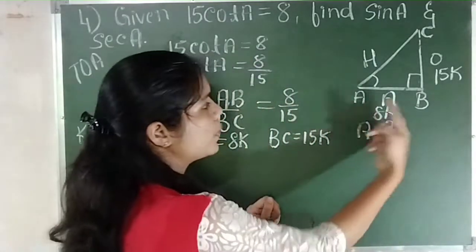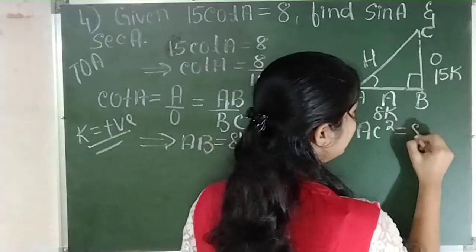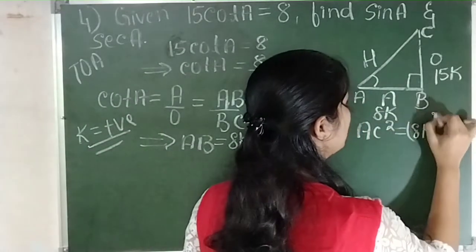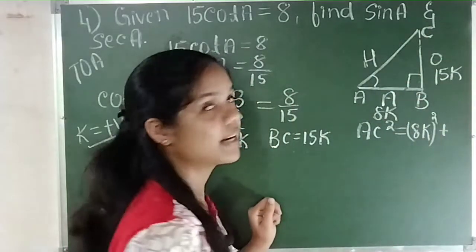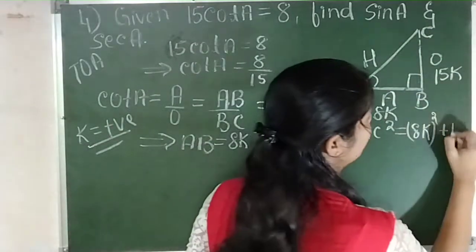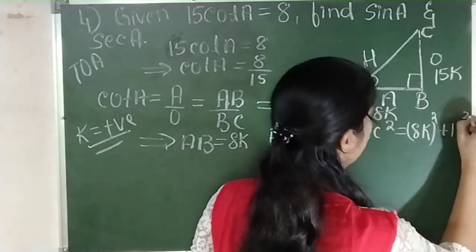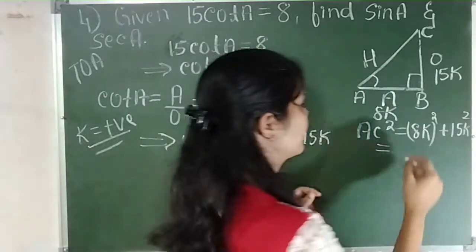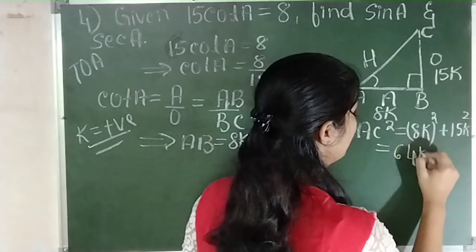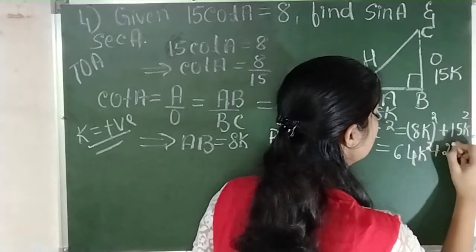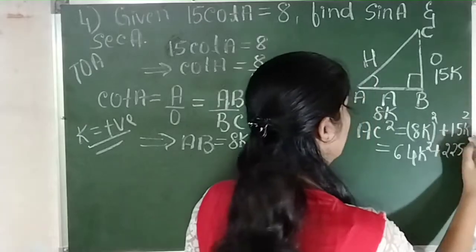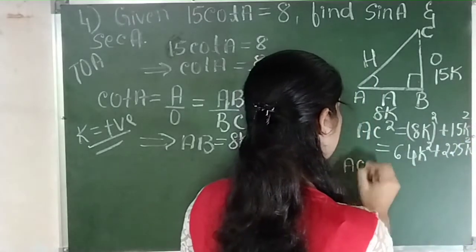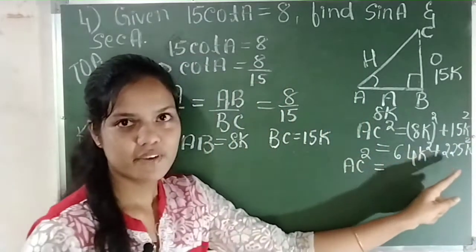AC square is equal to AB square, that is 8K square, plus BC square, 15K square. 8K square is nothing but 64K square, and 15K square is 225K square. AC square is, what is 64 plus 225?